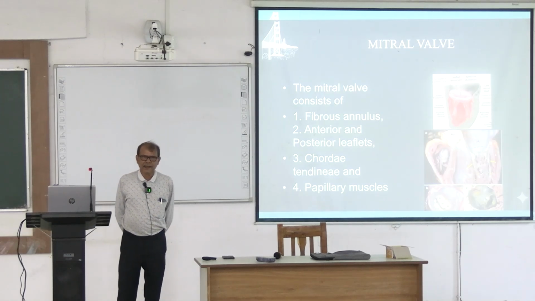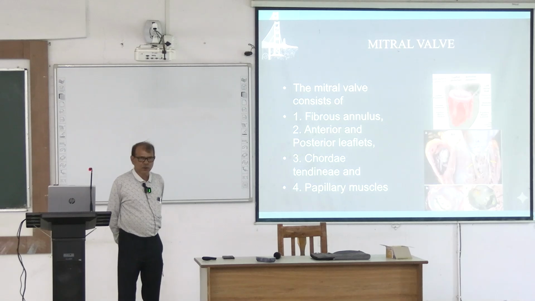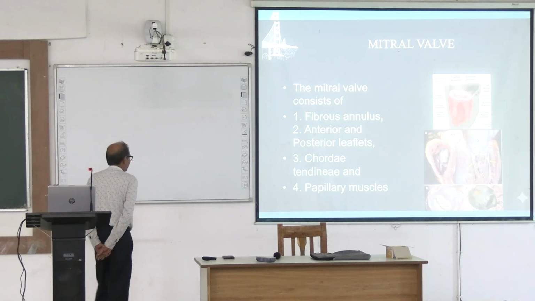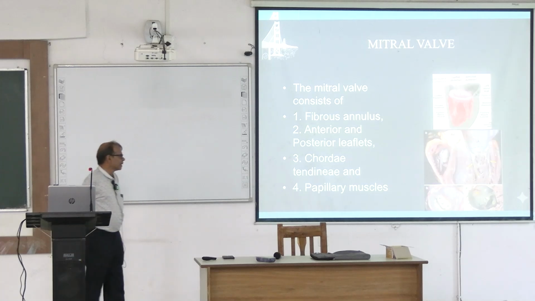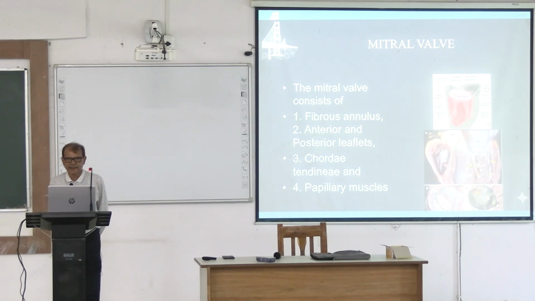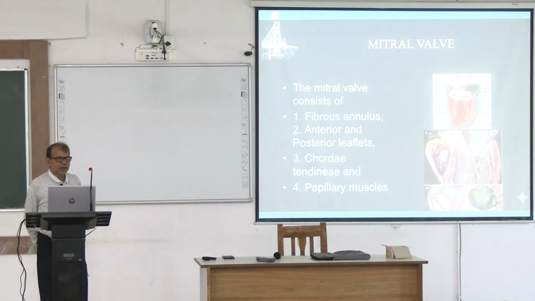Number 1, annulus. Number 2, anterior and posterior leaflets. Number 3, chordae tendineae. Number 4, papillary muscles.